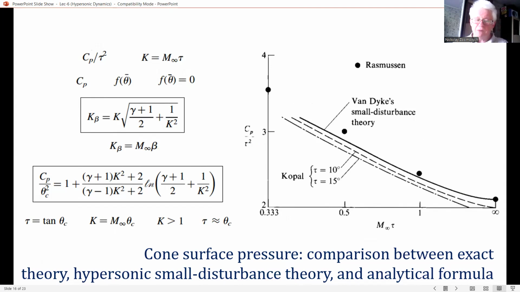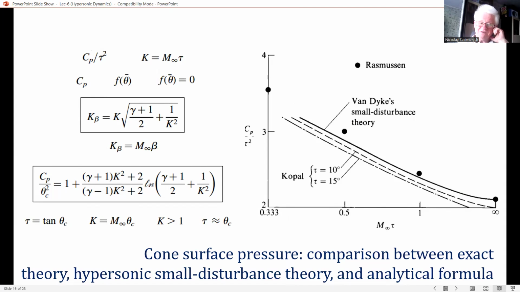And note from our numerical solution that a specific value of Cp over tau squared on the cone corresponds to the specified value of k. And when another value of k is chosen, another value of Cp over tau squared is obtained from the solution, as a function of k, as known from our previous work, okay?